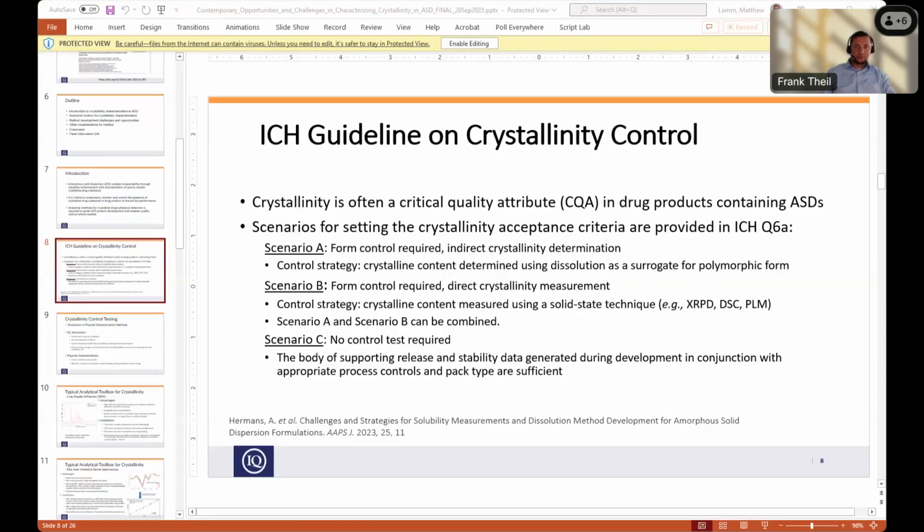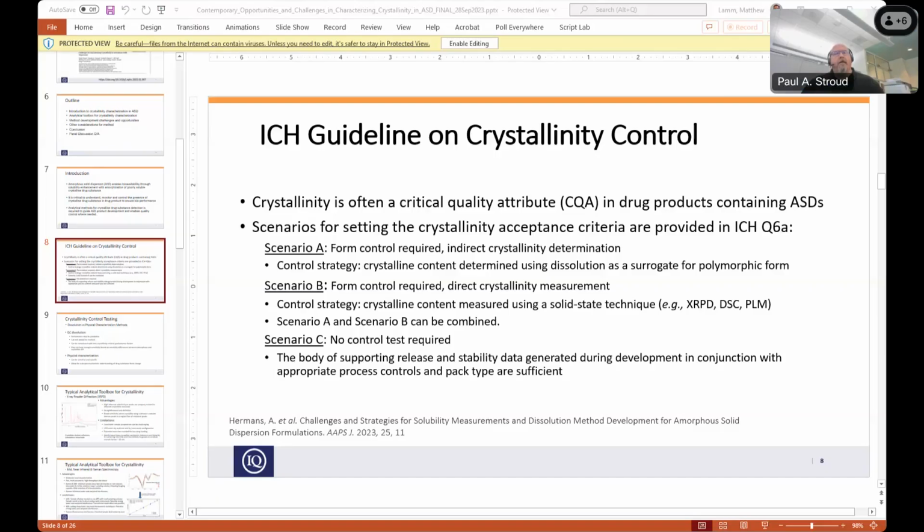Thanks, Paul. Would you say there's one technique that you find you use more routinely than others? We heard a lot of different techniques today, and some obviously have their strengths and challenges, but is there one that you tend to see used more and more in development for characterizing crystallinity? Yeah, certainly. X-ray powder diffraction is the gold standard, in my opinion, as far as detecting crystalline materials, especially if a lot of your matrix is amorphous.